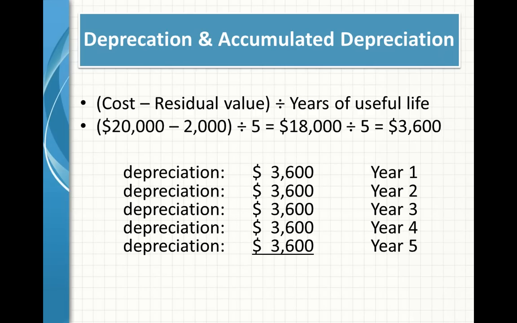So each year 3,600. At the end, 3,600 times 5 is 18,000, and you will have a residual value of 2,000.